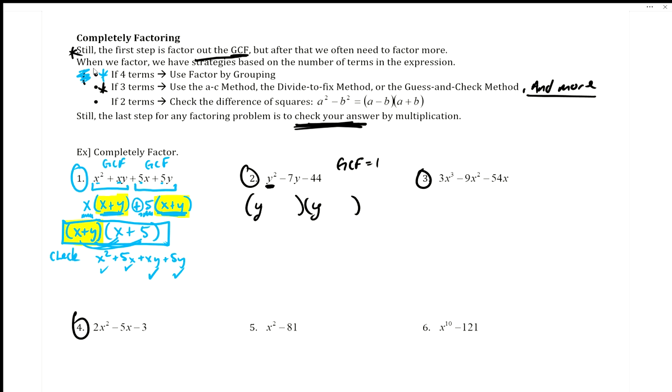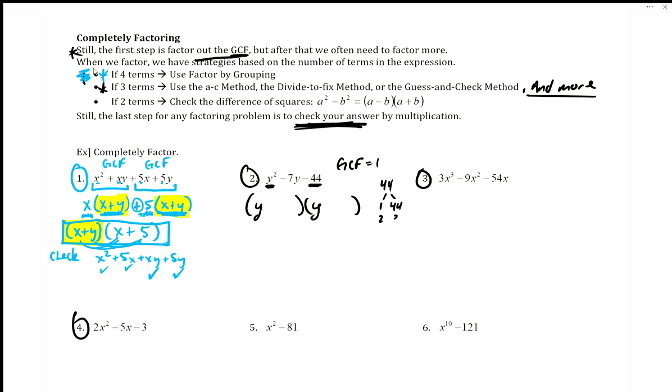And then I go to this 44. Now the 44 has different ways to get 44. So the ways that we can multiply to get 44, I'm just making a factor tree to the side to see those options. So like 1 and 44 multiplies to give 44.